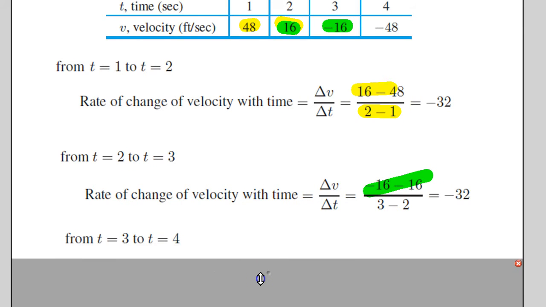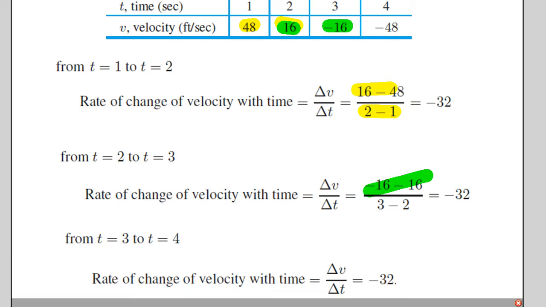If we take a look at from 3 to 4, do the exact same process, with respect to 48 and negative 16, we still get a rate of change with respect to 1 second of time of negative 32. So this is a linear relationship.